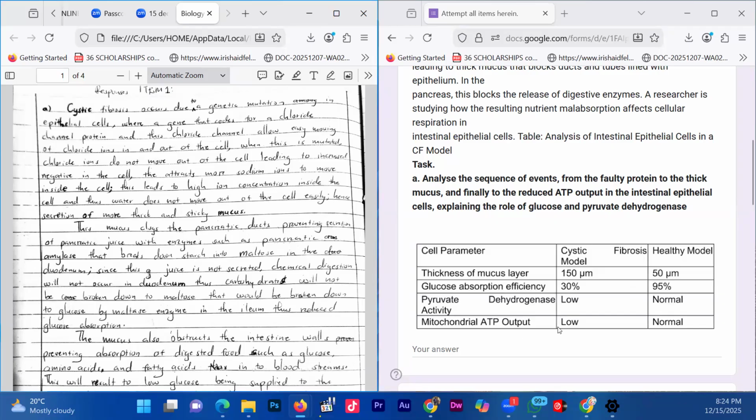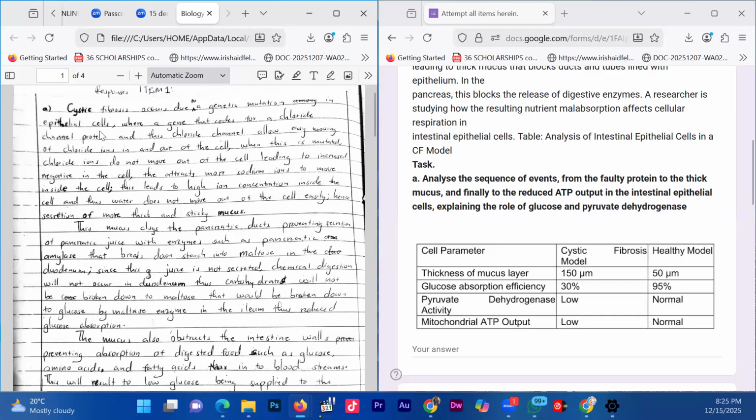Mitochondrial output of ATP is low in CF, but normal in the healthy model. And the task here was to analyze the sequence of events from the faulty protein to the thick mucus, and finally to the reduced ATP output in the intestinal epithelial cells, explaining the role of glucose and pyruvate dehydrogenase.